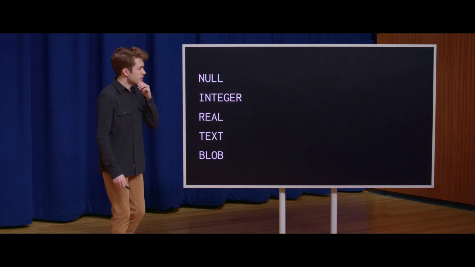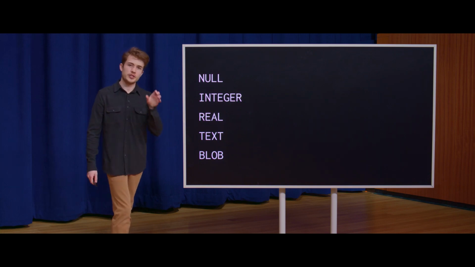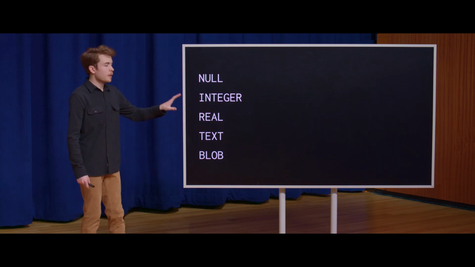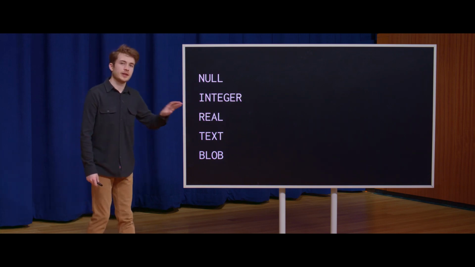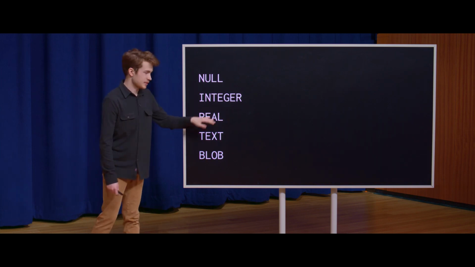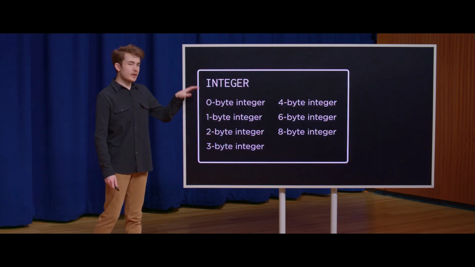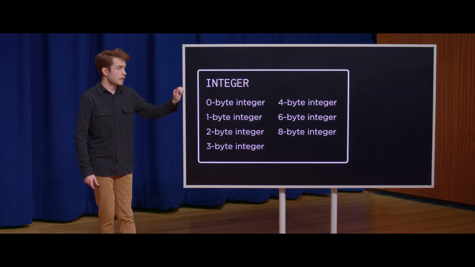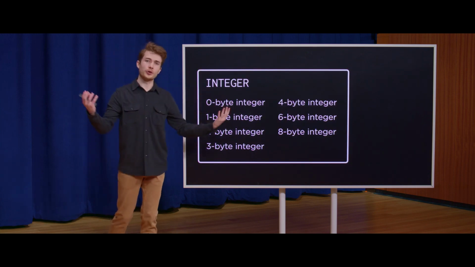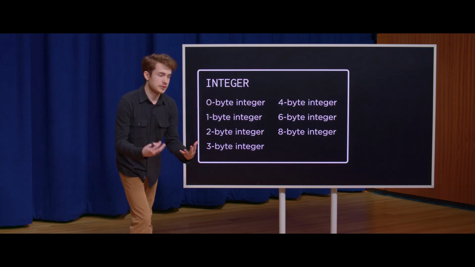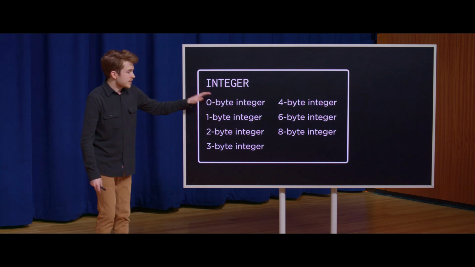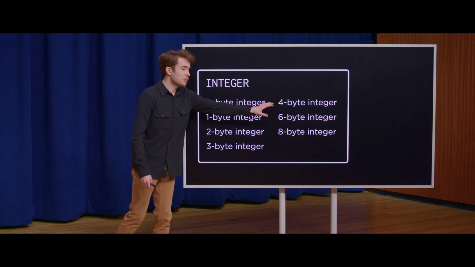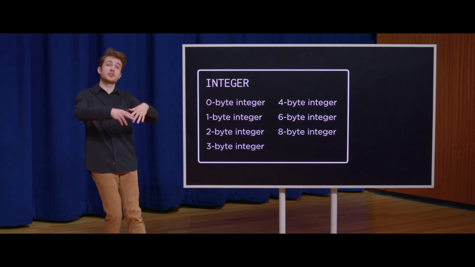Now, let's focus on this idea of a storage class. These, I'll say, are storage classes and not data types in SQLite. Now, a storage class, like integer, can hold several data types. Notice how there are 7 different data types that could be stored under this integer storage class.